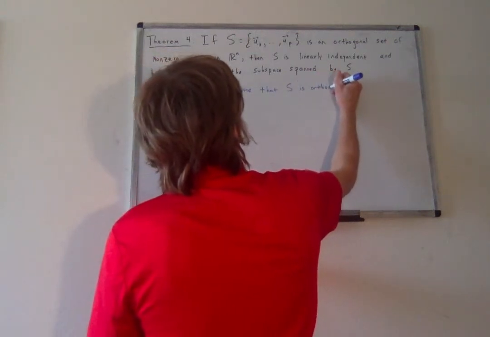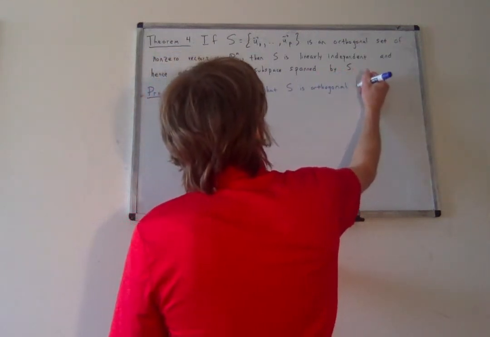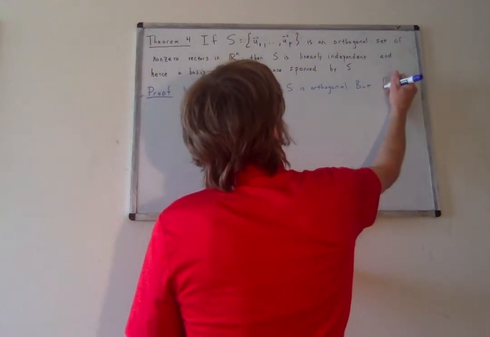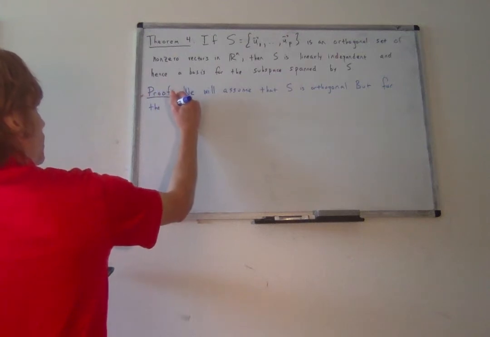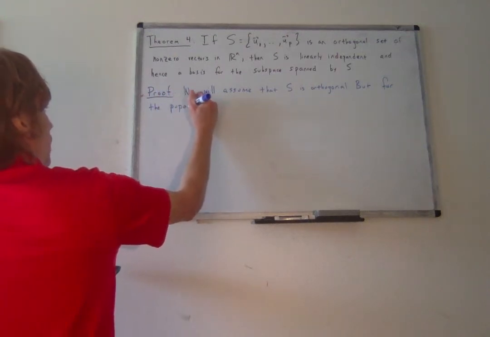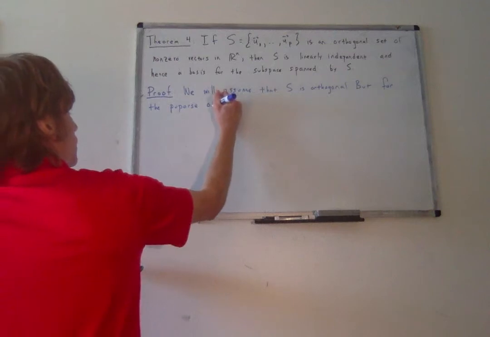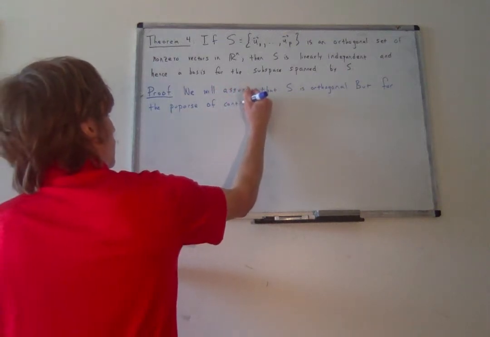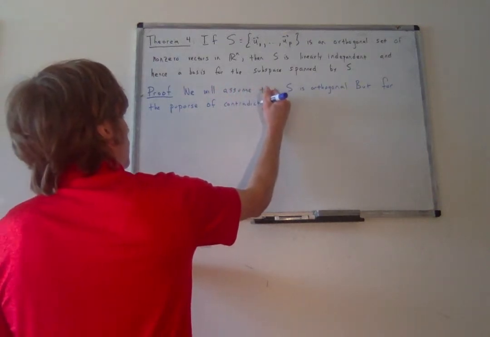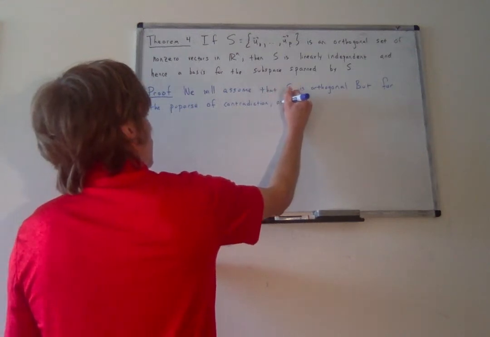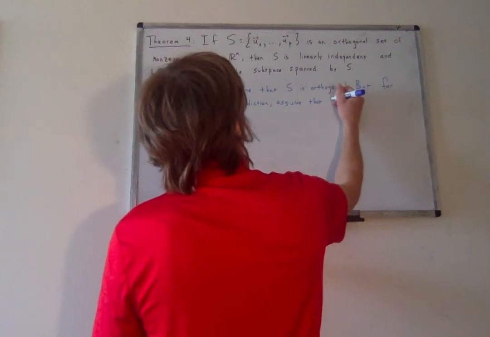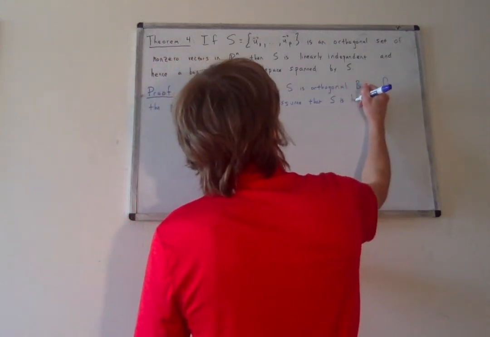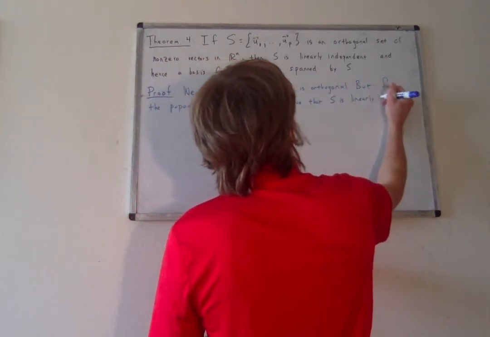But for the purpose of contradiction, meaning we're assuming this next part to eventually arrive at a contradiction, we're going to assume that S is linearly dependent.